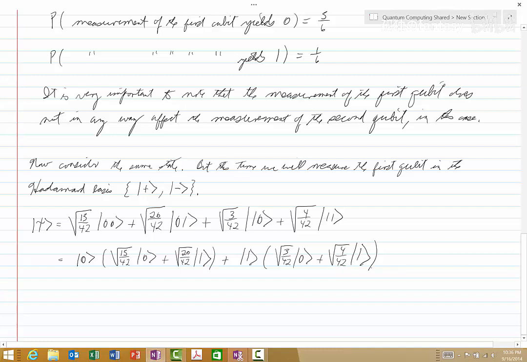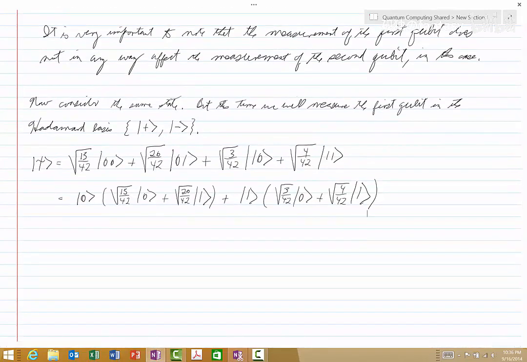Now, since we are measuring the first qubit in the Hadamard basis, let's go ahead and express this |0⟩ here and this |1⟩ in terms of the Hadamard basis. So we have 1 over square root of 2 |+⟩ plus 1 over square root of 2 |−⟩ and square root of 15 over 42.